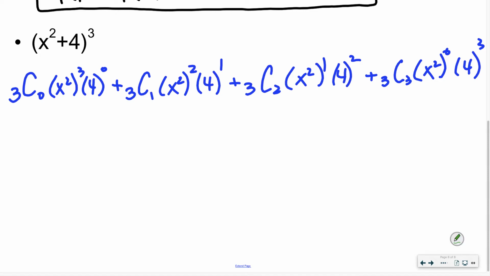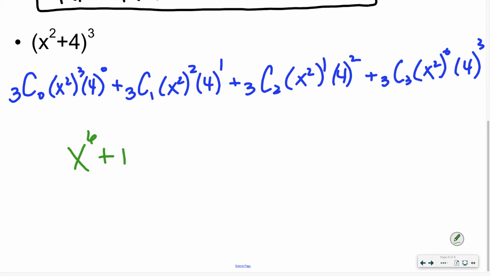Now, on your test, if you do all of the rest in your calculator and write it down, I'm fine. I at least need to see this set up right here. And then if you want to say, all right, this is 1 times x to the 6th times 1, so we can just write x to the 6th. And this right here is 3 times x to the 4th times 4.